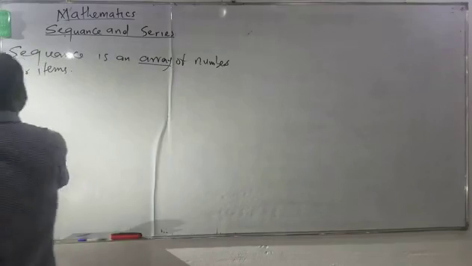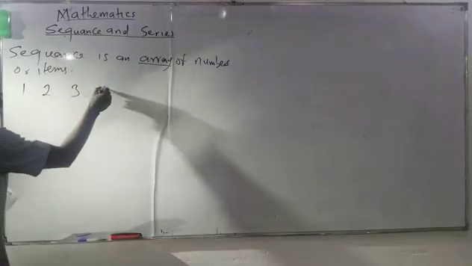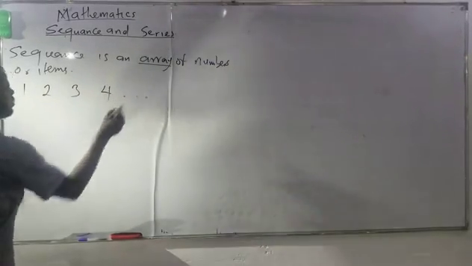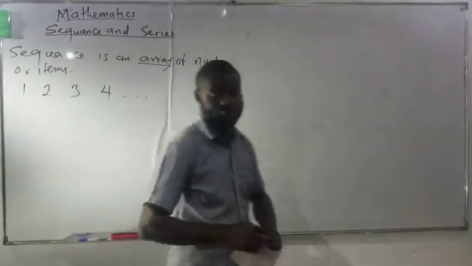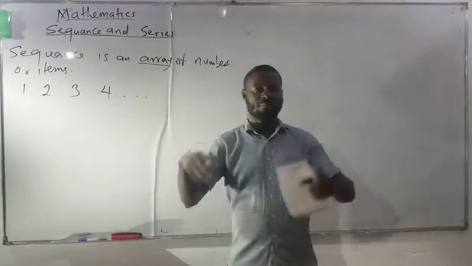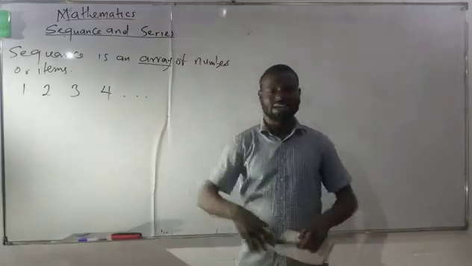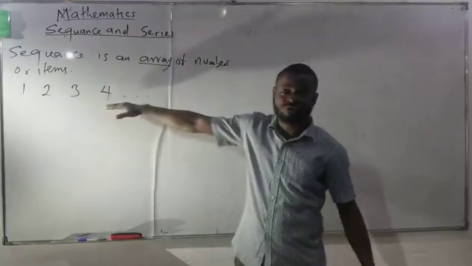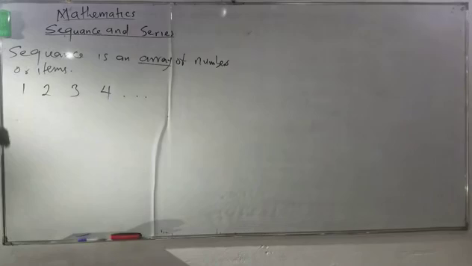For instance, if I have 1, 2, 3, 4, and so on, this is a set of natural numbers. We have numbers, real numbers, rational numbers, irrational numbers, integers, but this is a set of real numbers. Now, why is it a sequence?